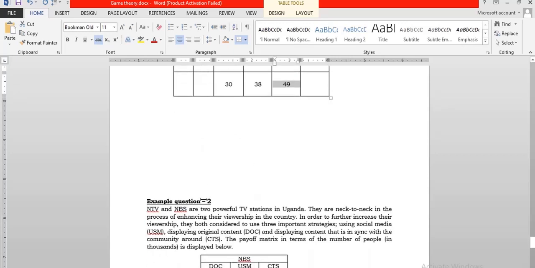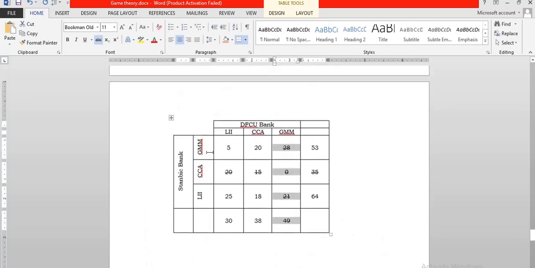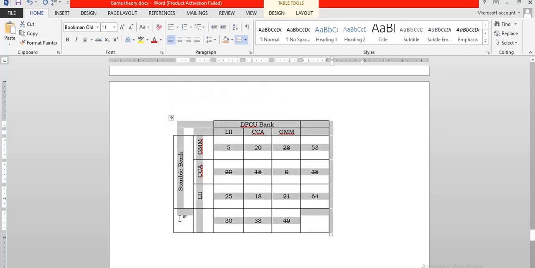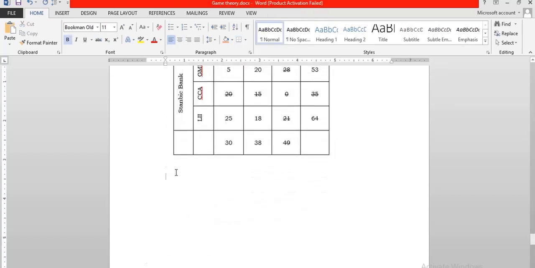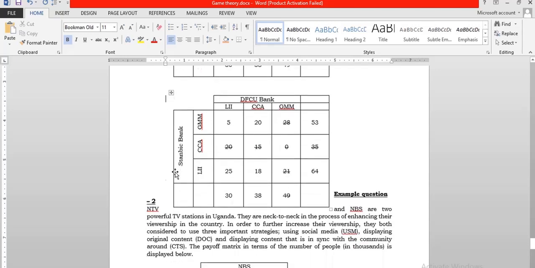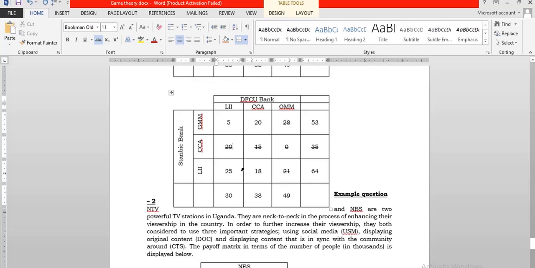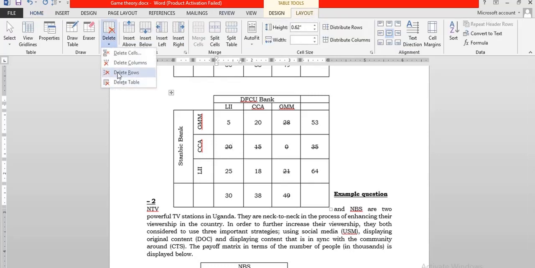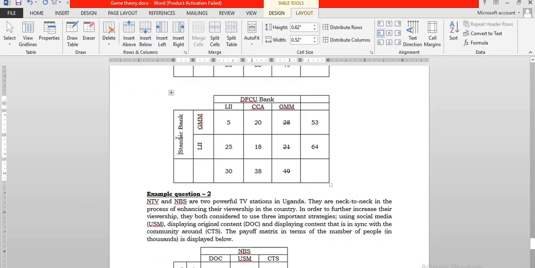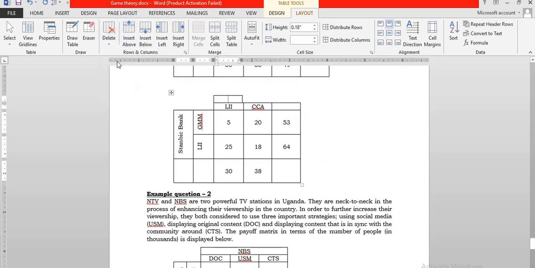We shall write them here to show you what is actually remaining. I'm going to copy this one and I write my strategies down here. So I'm also going to show you what I've removed. So shall I remove this particular row? Just come here and remove it. Okay, and this column here, come and remove it.